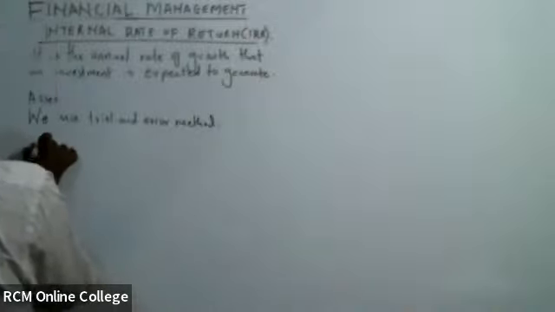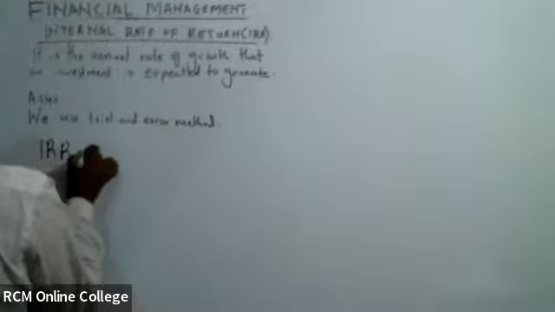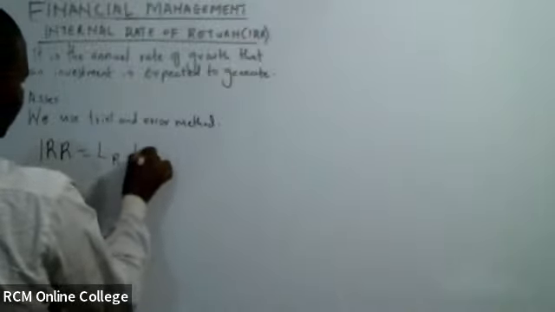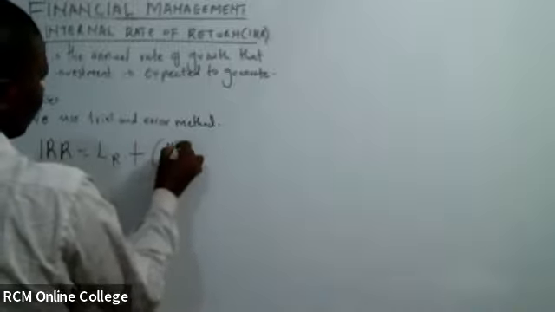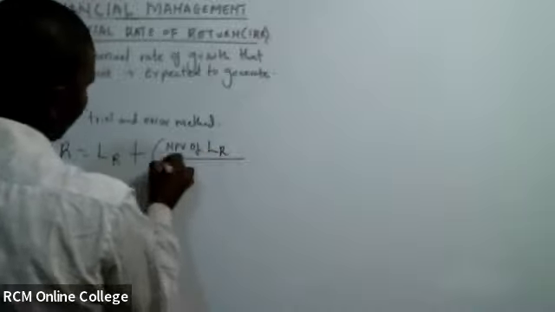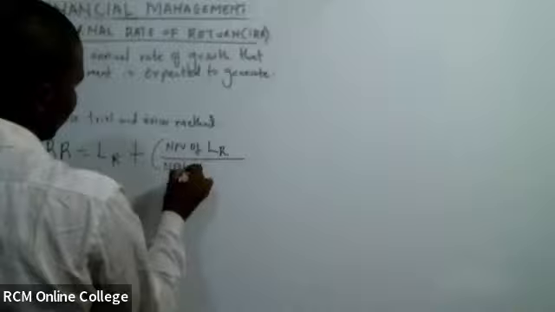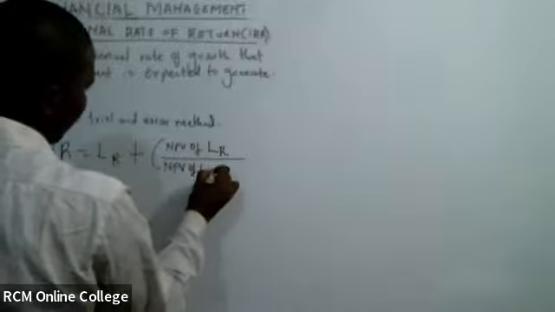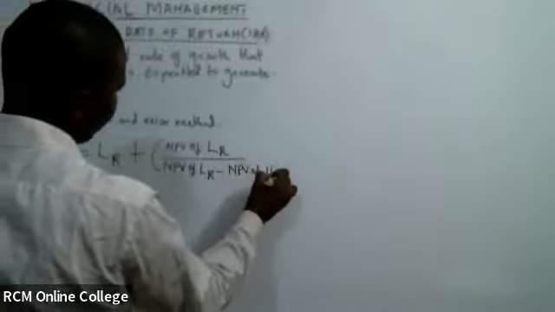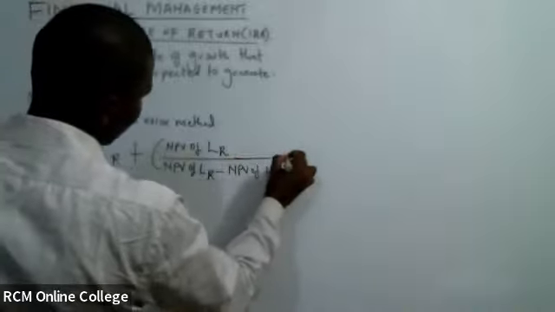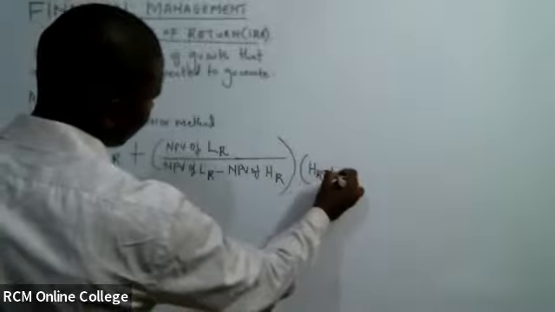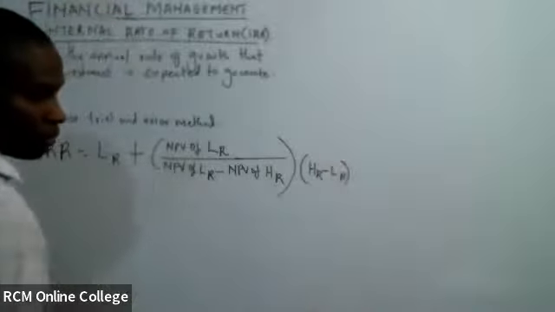IRR is gotten by LR plus NPV of LR divided by NPV of LR minus NPV of HR, all of that multiplied by HR minus LR. Very important.